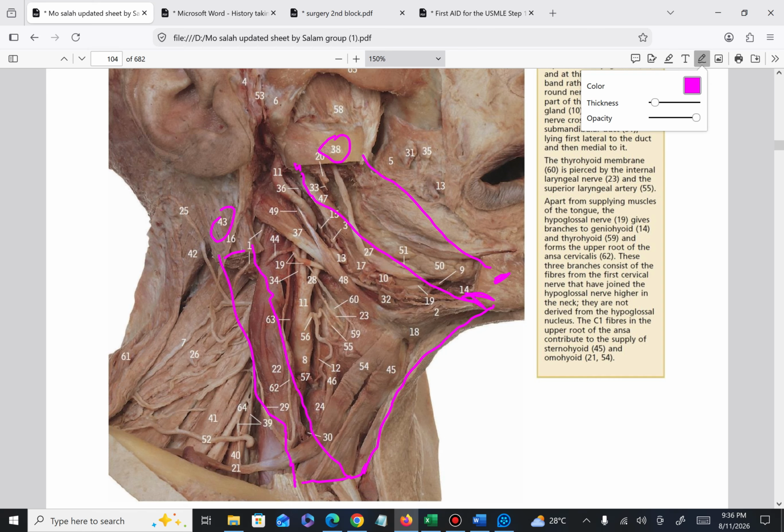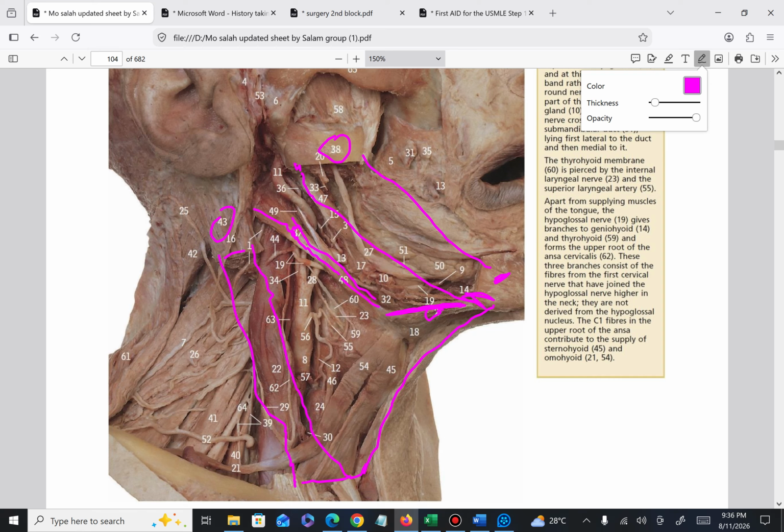The anterior triangle is further divided into three subtriangles. On number 2, this is the anterior belly of the digastric muscle. On number 37 is the posterior belly of the digastric muscle.